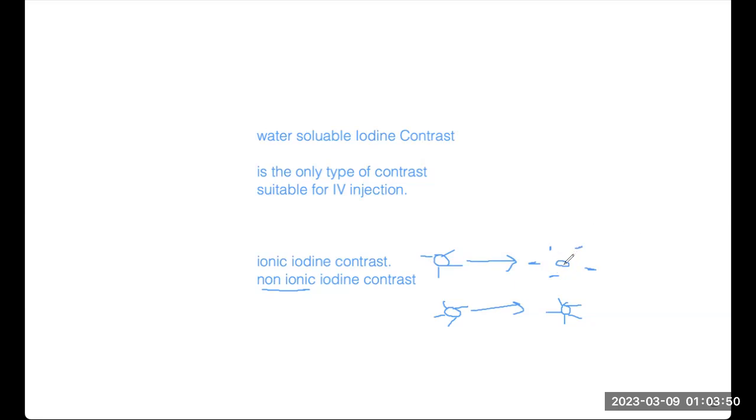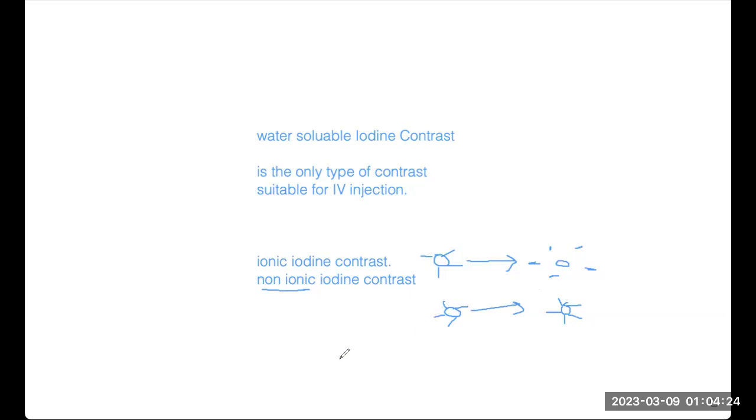So that means it's high osmolarity because we will get a lot more substance in the blood, and it will be very toxic to the body because the normal osmolarity of the blood compared to the osmolarity when we have the contrast is going to be vastly different. So it's more toxic to the body.